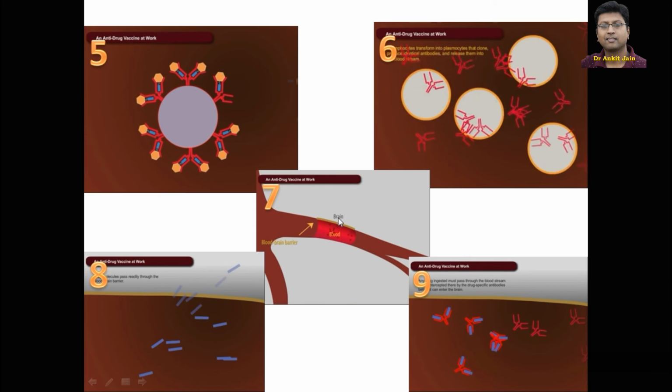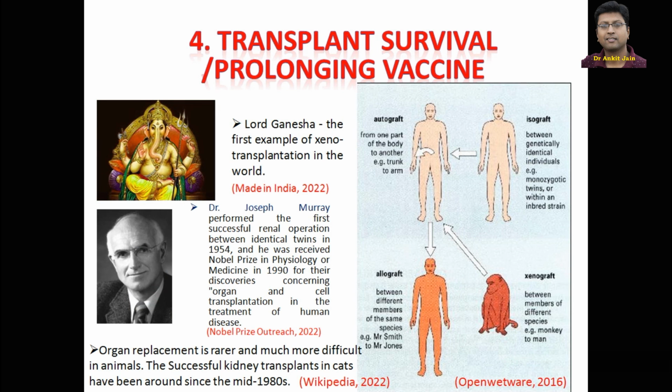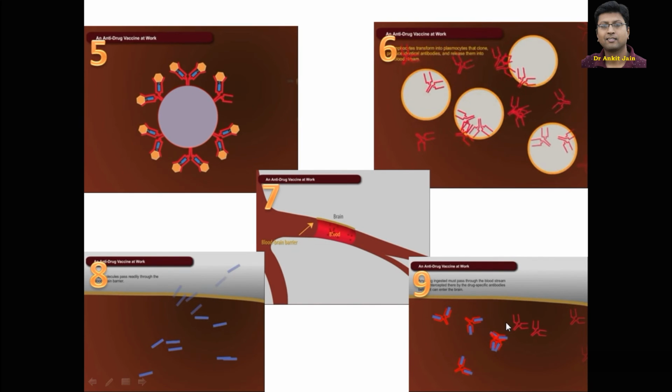So this is the blood and this is the brain, and the drug will cross the blood-brain barrier. But when the antibody is produced, it will bind to the drug, and the particle size will become large, and now it will not enter into the brain. So this is all about the mechanism of the anti-addiction vaccine.